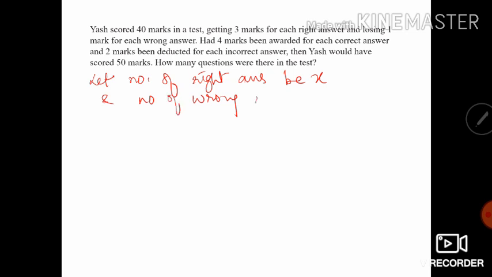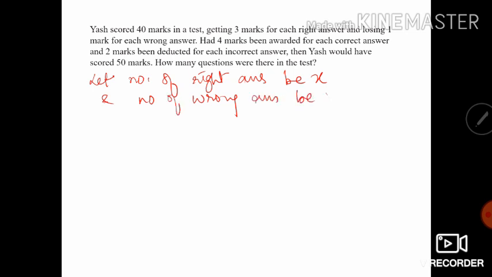Now the test has, say, some n questions. Then Yash has answered some of them correct and some of them wrong. So let the number of right answers be x and the number of wrong answers be y.